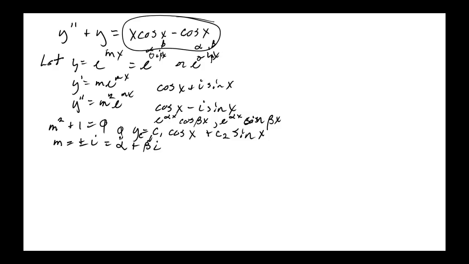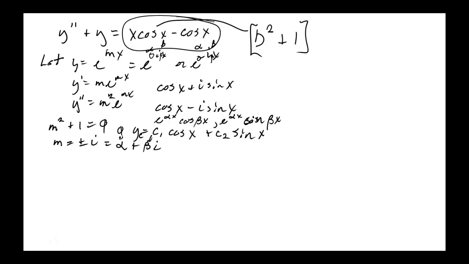So for this one, your annihilator would be D squared, and then your alpha is 0, so that's out of the picture, plus beta squared, which is 1, raised to the nth power, and n here is 1. n is the exponent of your variable. So this is your first annihilator.